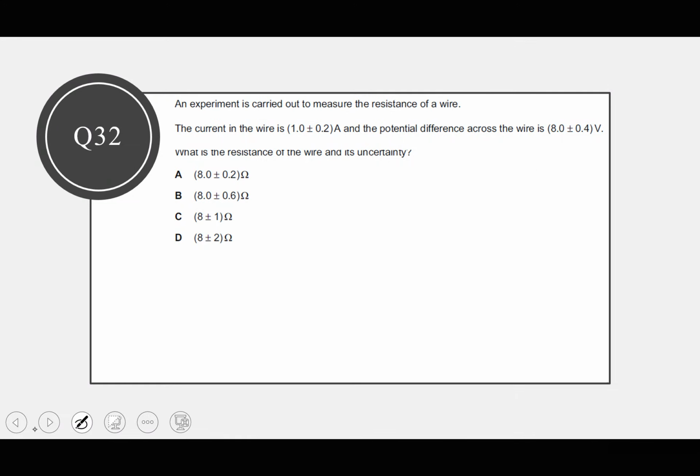Next, an experiment is carried out to measure the resistance of a wire. The current in the wire is given as this. Potential difference is given as that. What is the resistance? Very first, resistance is V over I. Of course, the true value, we take the true values, that is 8.0 divided by 1.0, that is 8.0 ohms.